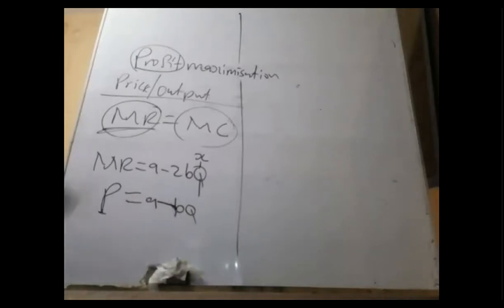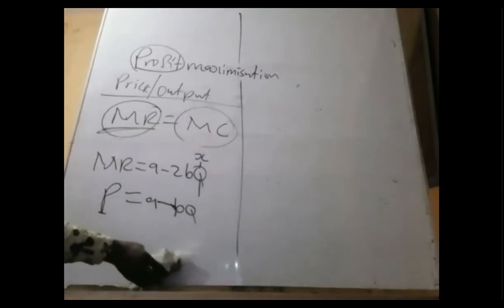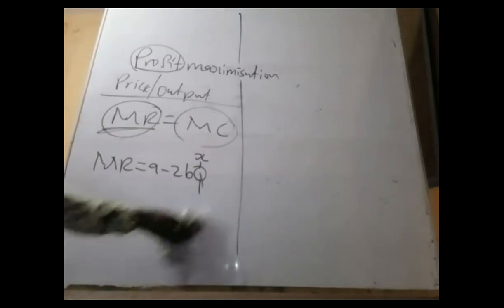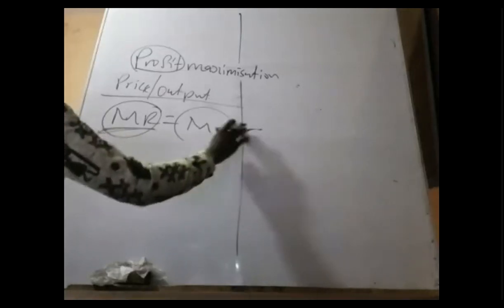That is all. We are done with marginal revenue. Let's go to marginal cost. With the marginal cost, just relax. Tell the examiner that marginal cost is nothing but the same as variable cost. The word marginal cost, take it as variable cost, for the purpose of our studies.